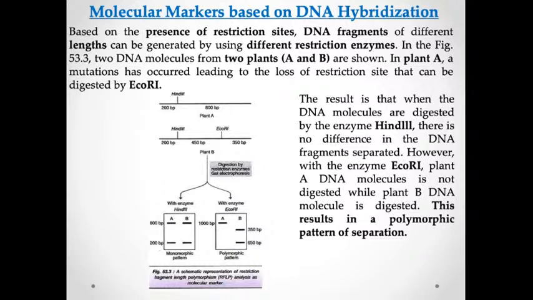This polymorphic pattern is because plant B has the restriction sites and plant A has mutated. So that's why we see this normal state of polymorphic DNA.